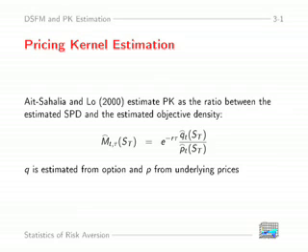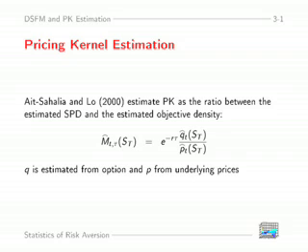So again, Ait-Sahalia and Lo in 2000 estimated the pricing kernel as the ratio between the estimated state price density and the estimated objective density. And we know that the risk neutral density can be obtained from option data, and the objective density from underlying prices.